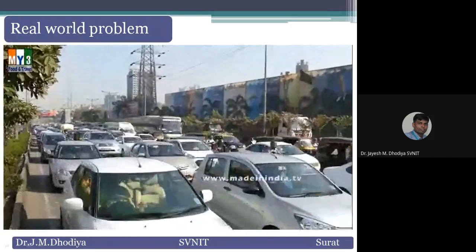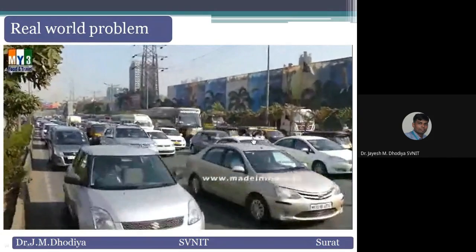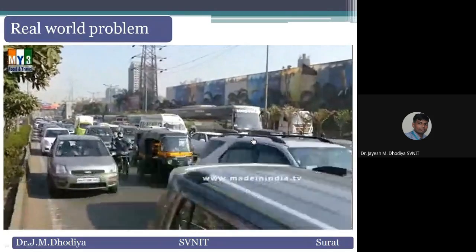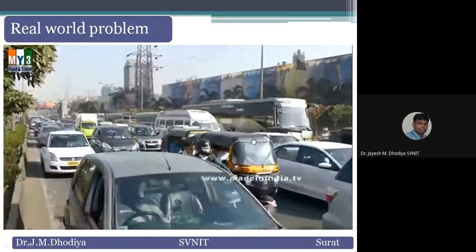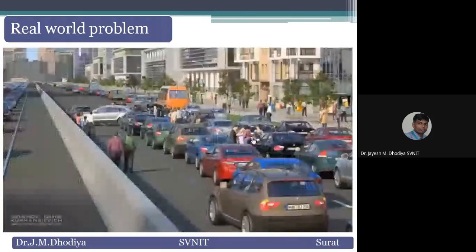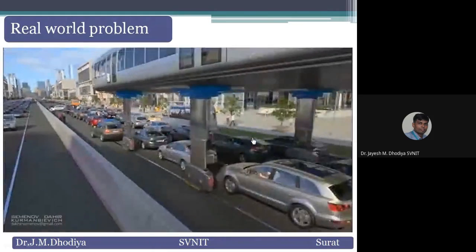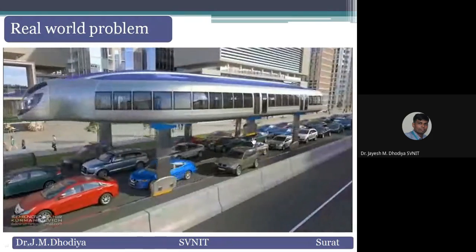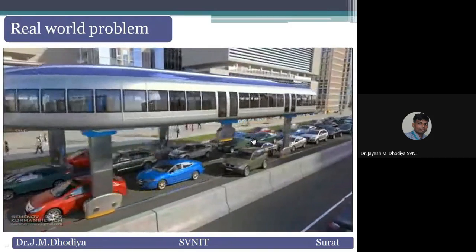But nowadays, people are trying to think of a solution to this problem too, and they have already developed simulation-based models. Just see such kind of simulation-based model that they have developed. Future transportation is like this.